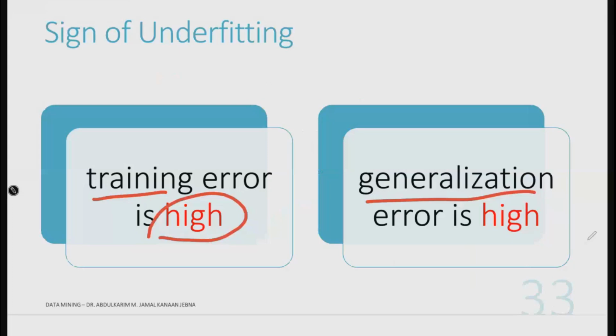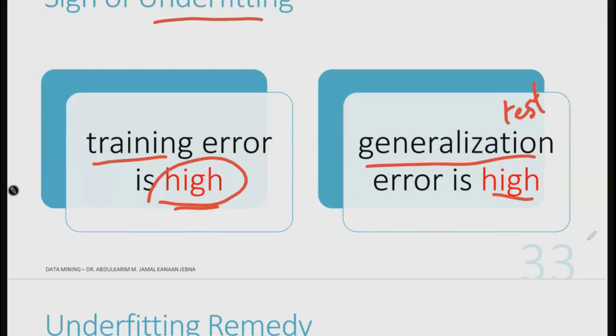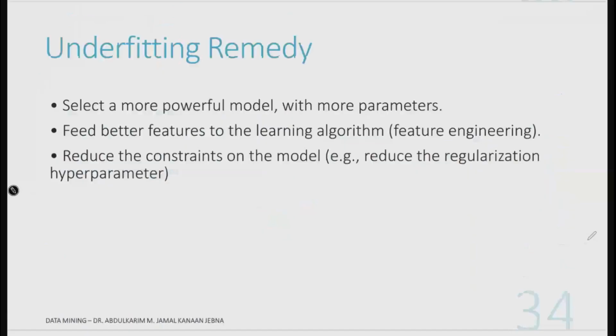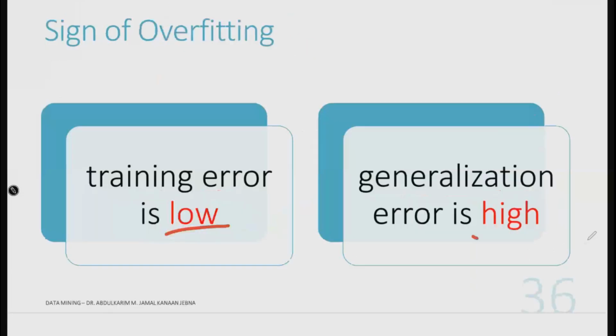Generalization means using the test set, right? If the error is high during training time, and also high during test time, that means underfitting. How about overfitting? Training error is going to be low, and generalization error is going to be high. This is overfitting.